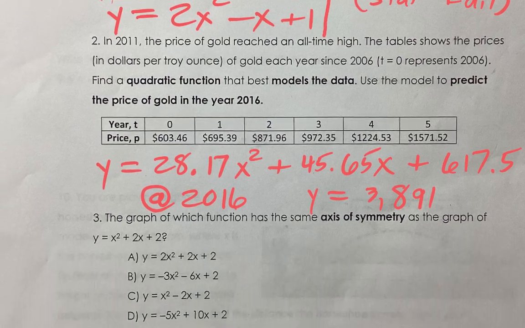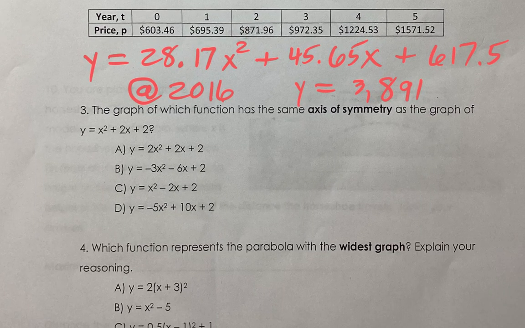Very good. In the graph, which function has the same axis of symmetry as the graph of y equals x squared plus 2x plus 2? In this particular case, what is our axis of symmetry? If you recall, because that is a parabola opening up or down, x is going to equal negative b over 2a.